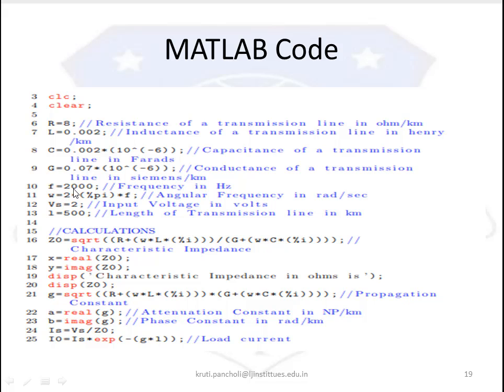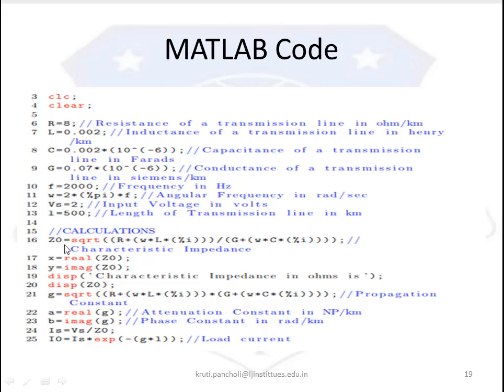F is 2 kilohertz, that is 2000. Now we need to put the value of omega, which is 2 times pi times F. The input voltage Vs is equal to 2 volt, and the length of the transmission line in kilometer is 500.